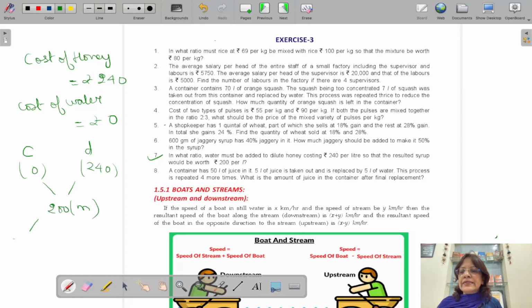So D minus M will be 240 minus 200, which is 40, and M minus C will be 200 minus 0, which is 200.